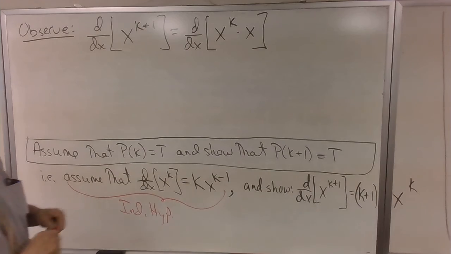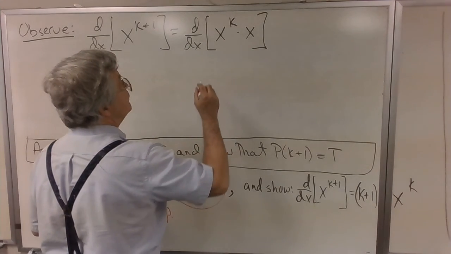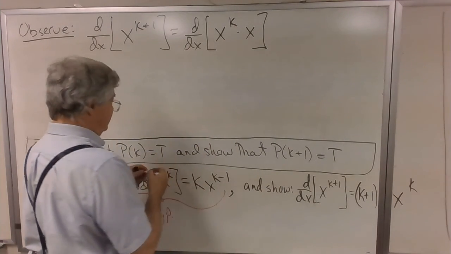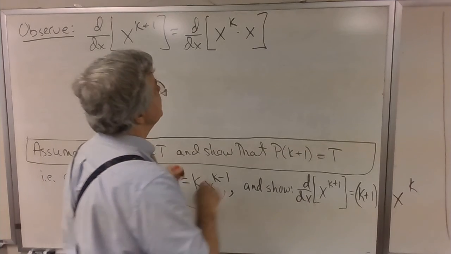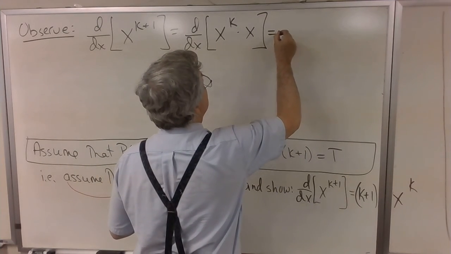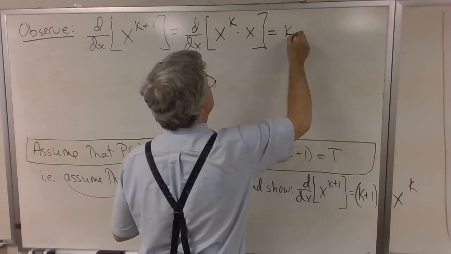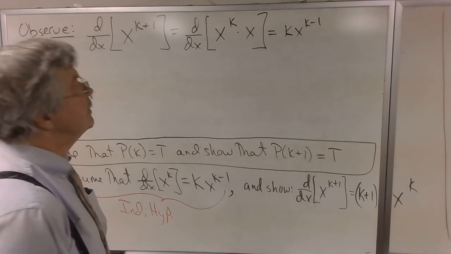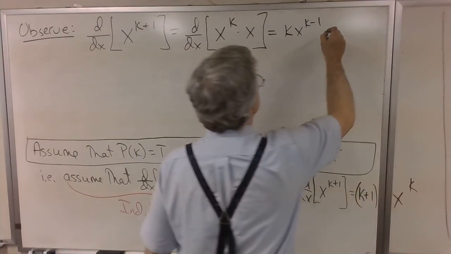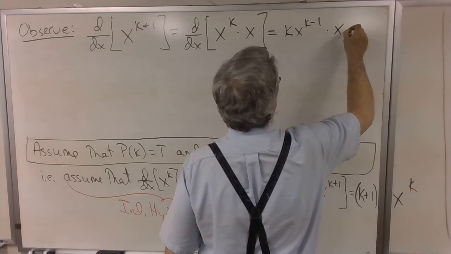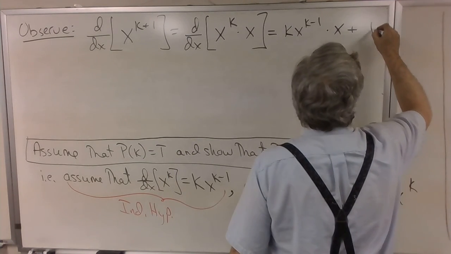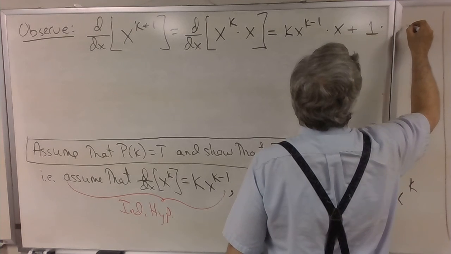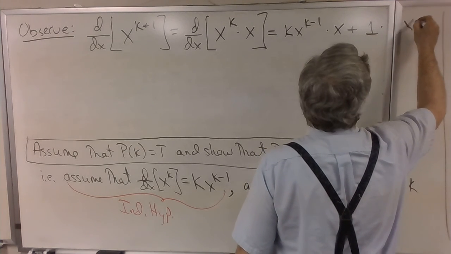Well, son of a gun, this is nothing but a product. And we're going to get the derivative of the first times the second plus derivative of the second times the first.